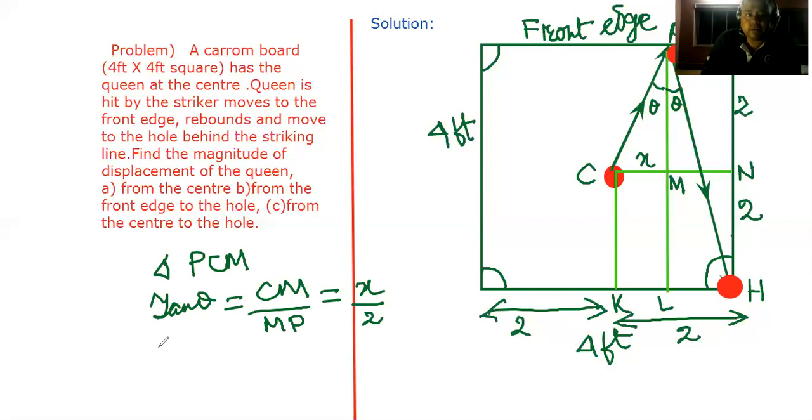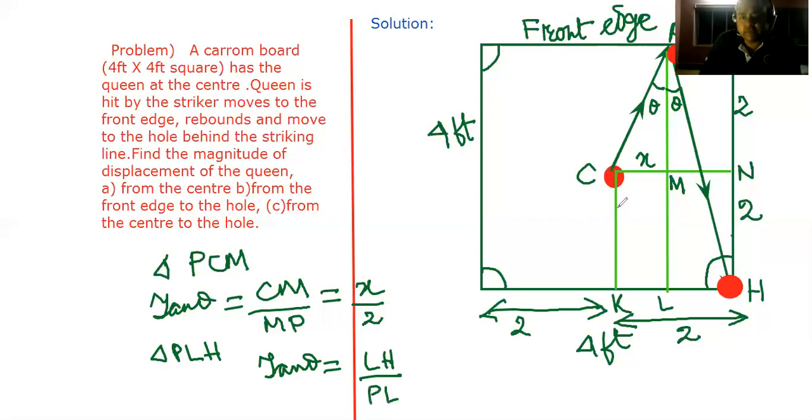Similarly, if I consider triangle PLH, what can I say? tan theta is equal to LH divided by PL.